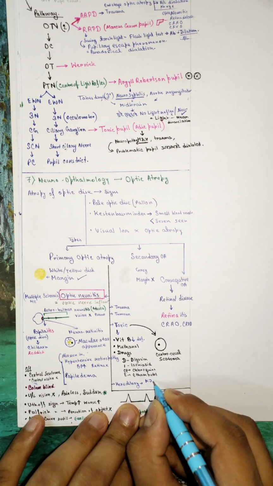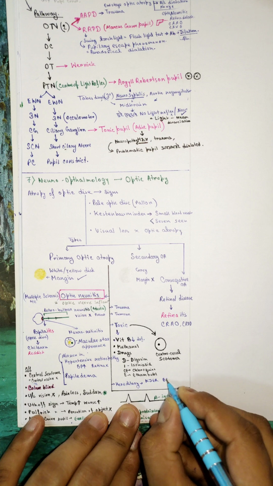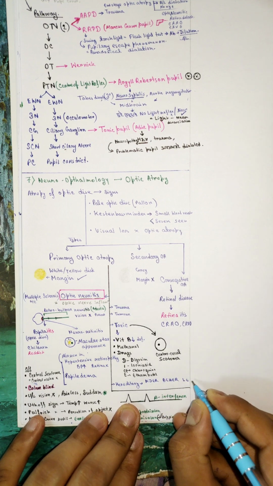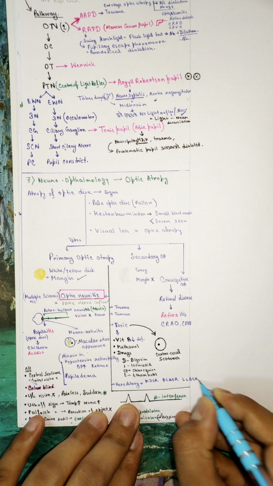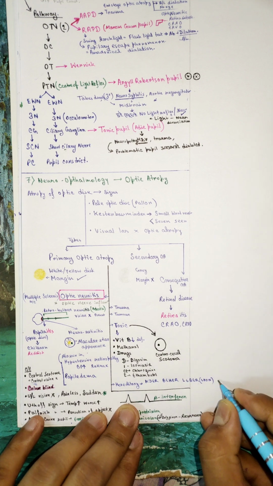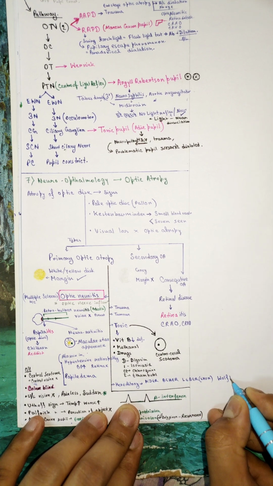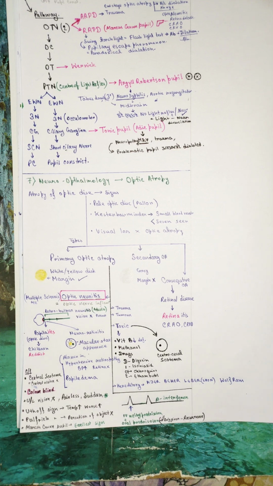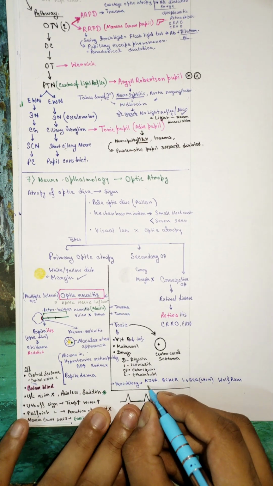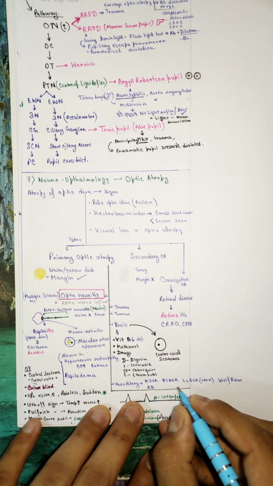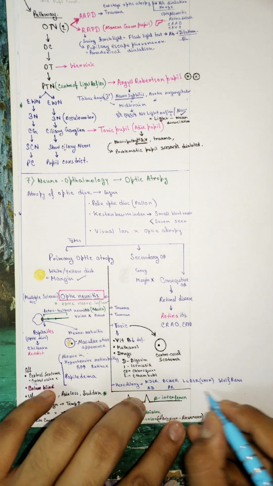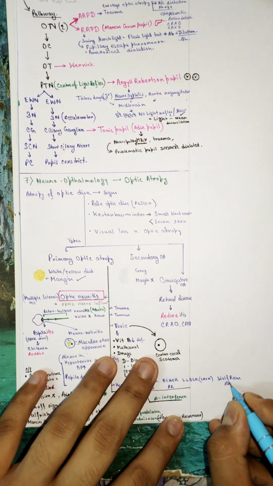It is Behr, Leber, and Wolfram. Jeans, Kjer is autosomal dominant. Behr is autosomal recessive. Wolfram is also autosomal recessive.